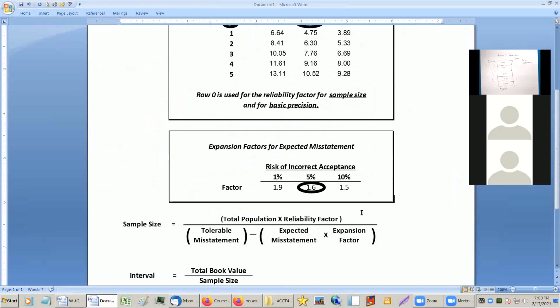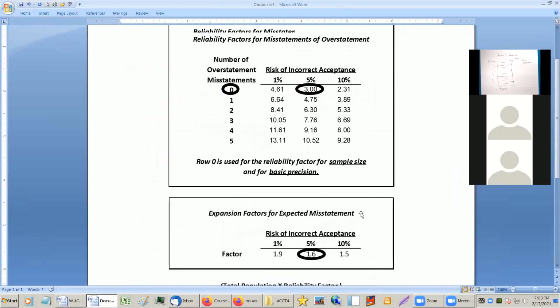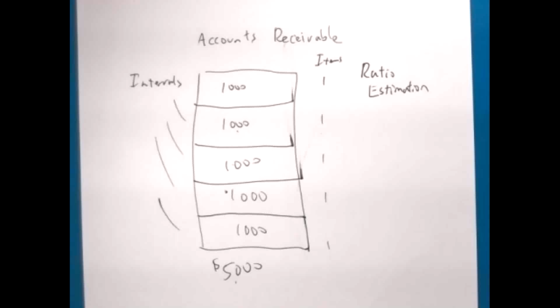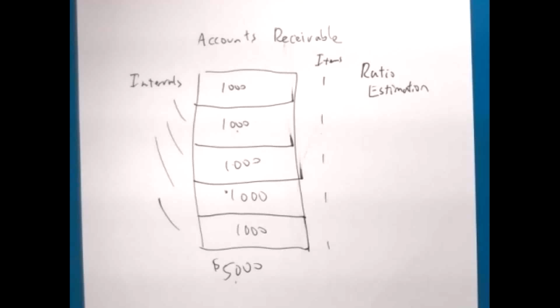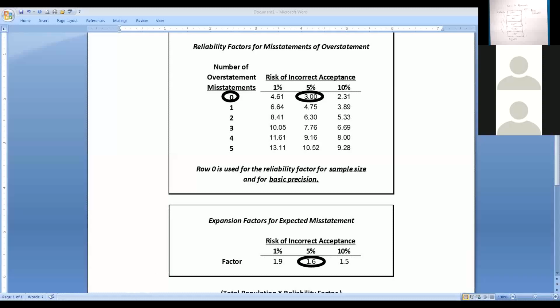I'll put this up on the screen. Yeah. There we go. So see if you can figure it out. I'll put the answer up here in a second.